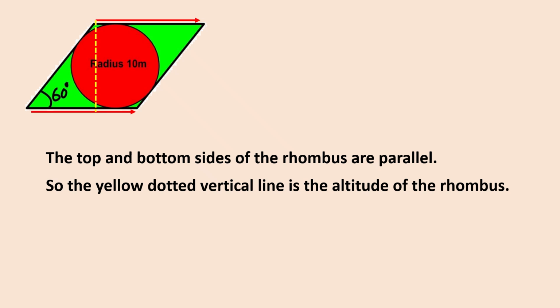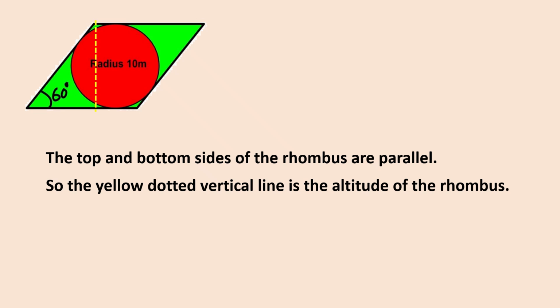So the top and bottom sides, you can see the blinking red line, are parallel. The top side and the bottom side are parallel in a rhombus. So the yellow dotted line, which is the distance between the two parallel tangents, is equal to the diameter, which is 20 meters.